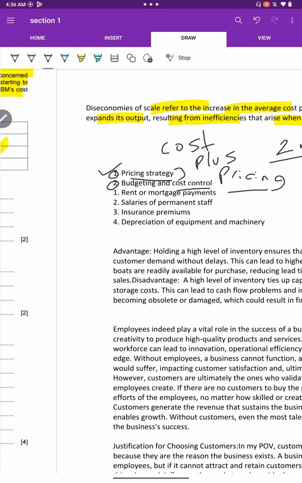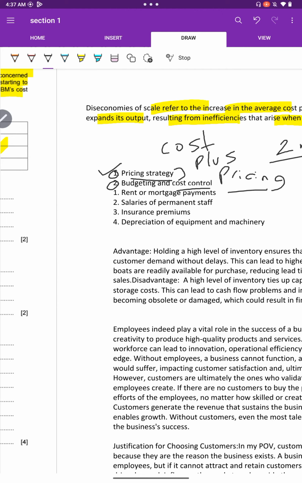You might not have heard it before because budgeting is not part of your syllabus, but budgeting is setting a budget for your expenses, maybe for the material cost.